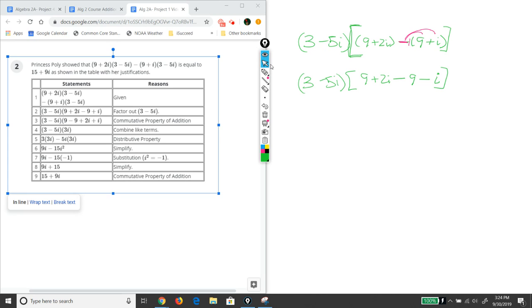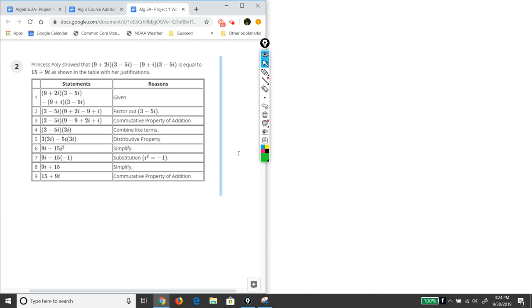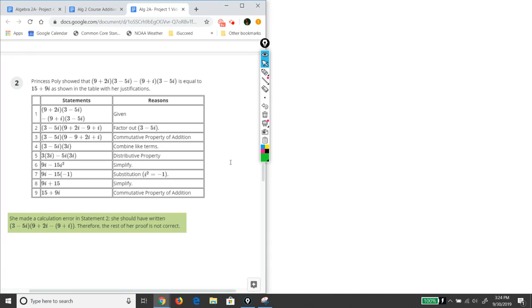Unfortunately, as you know, in algebra, if you mess up in the second step, it messes up the rest of it. So she got the rest of her proof incorrect. So that was question number 2. She made that mistake in statement 2. So this is that correct response that you're looking for.